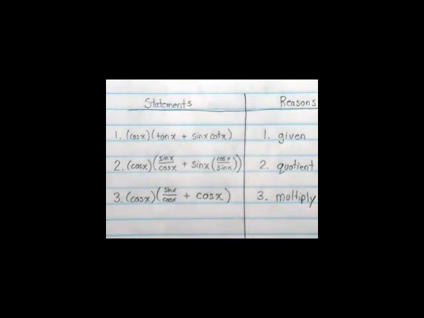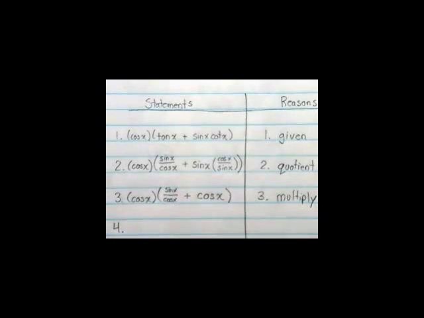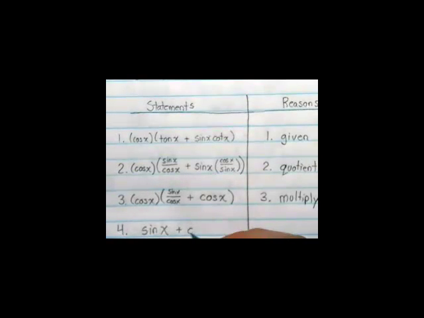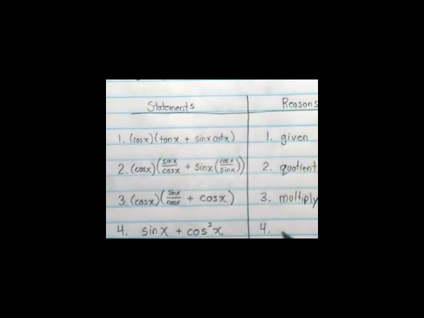Now, the next step is going to be to pull that cosine into the mix, right? And in doing that, I am multiplying, but it's a special kind of multiplication called what? Yeah, it's the distributive property. So if I distribute the cosine, I'm going to get sine x because it'll cancel the cosine on the first one. And then cosine times cosine is cosine squared. And so that'll be the distributive property.